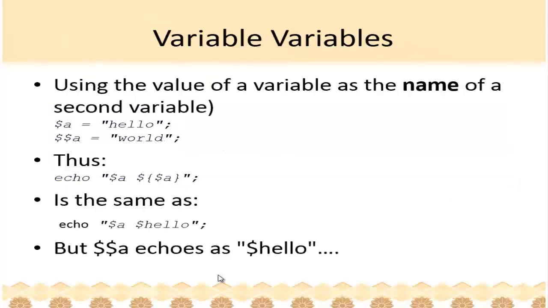There is one other example over here. Dollar a is hello, dollar a of a is what? Now this is not shown again, I'm not going to type it again. What is the variable that is created here? The variable that is created here is dollar hello.